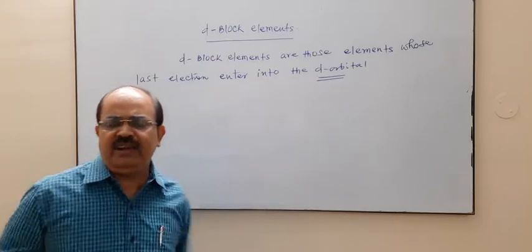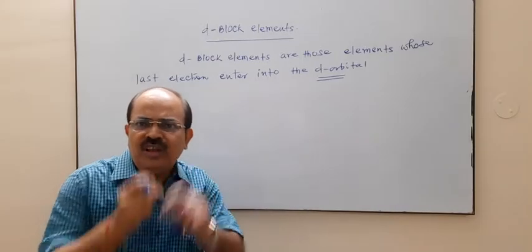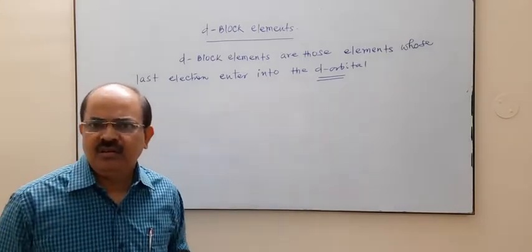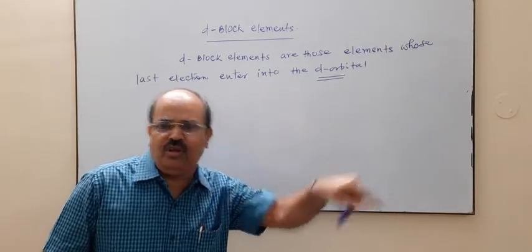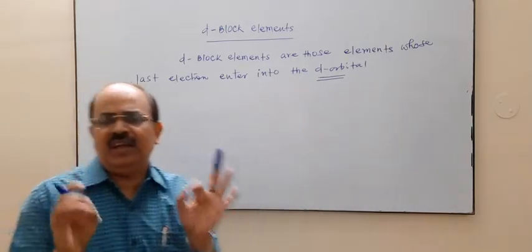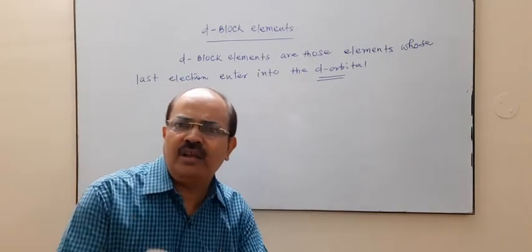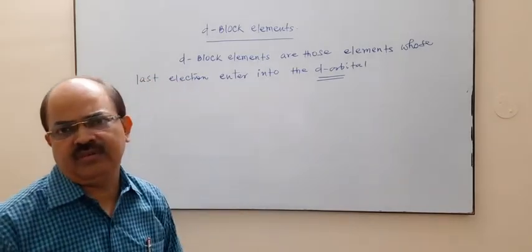Means those elements whose last electron will enter into the d orbital are known as d block elements.